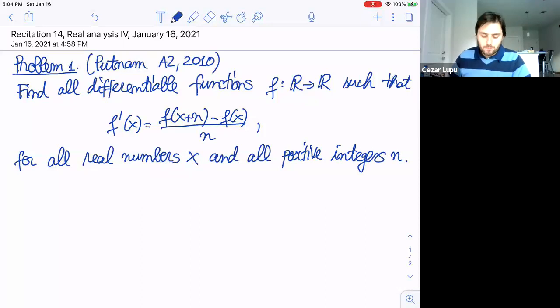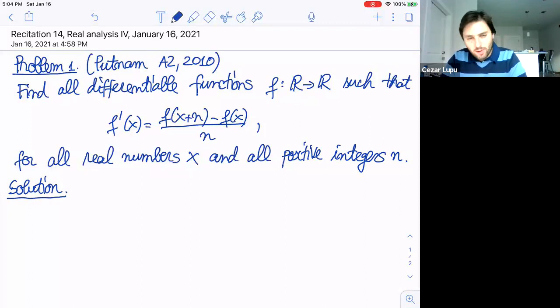All right. Well, when you see this kind of problem, this is nothing else than just a functional equation. As you can see, you kind of have the difference quotient there. So you would expect maybe the derivative to be constant or something like this, right?